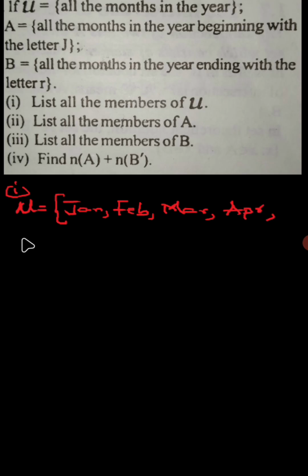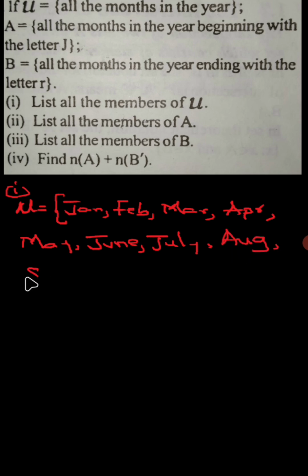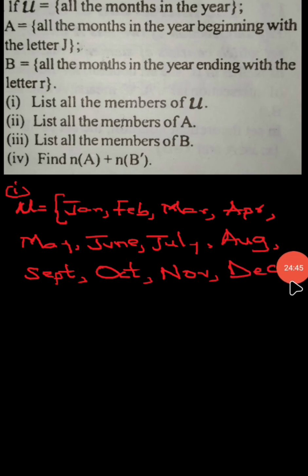Then we have May, then June, then July. Then August, just say AUG. Then September, I'll just write Sept for that. Then October, write Oct. Then November, just say Nov. Then December, just going to say Dec for that.